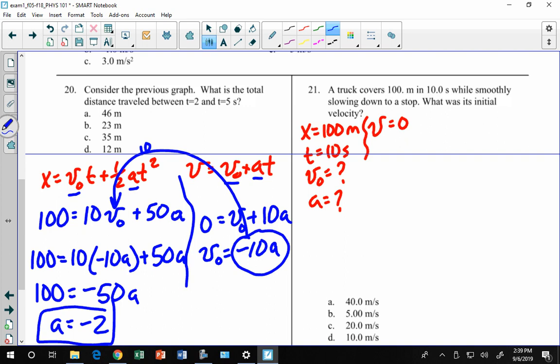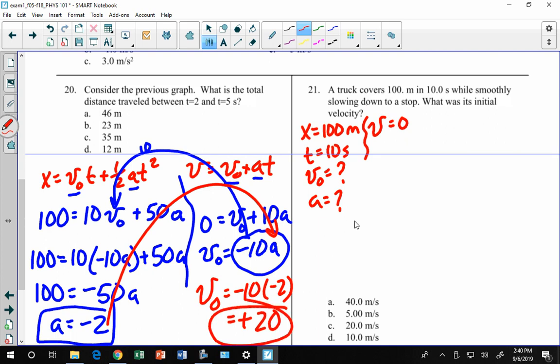That's my acceleration, and then I can plug it in over here, and my v naught is negative 10 times negative 2, which is equal to positive 20. So those are my two answers. The acceleration is negative 2. The velocity is positive 20.